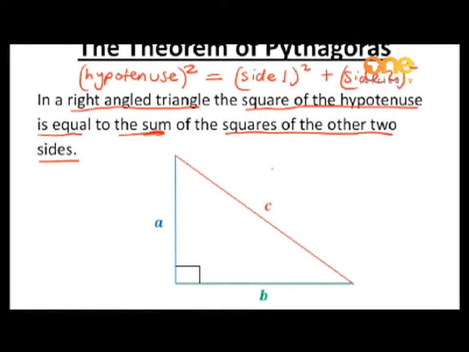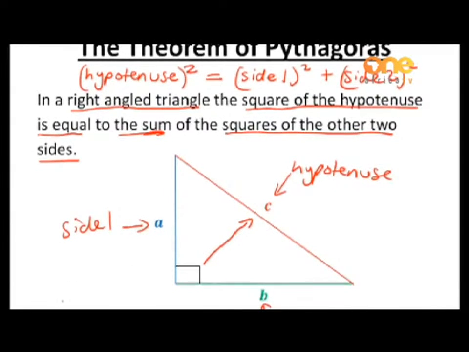Usually you'll find the Pythagoras theorem is stated as follows. So they give you a triangle A, B, and C. As you can see, the side opposite your right angle is your hypotenuse. So this is the hypotenuse. This here is side 1, and this here is side 2.